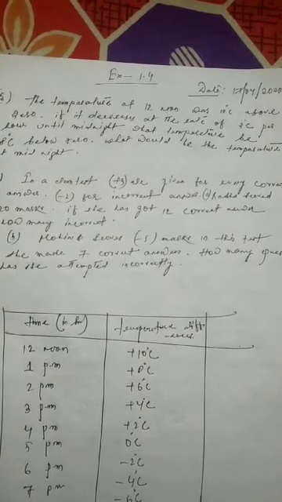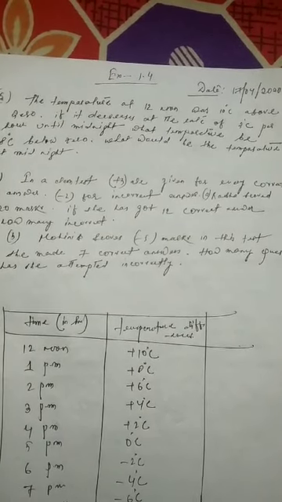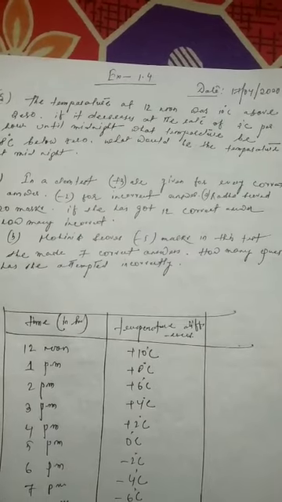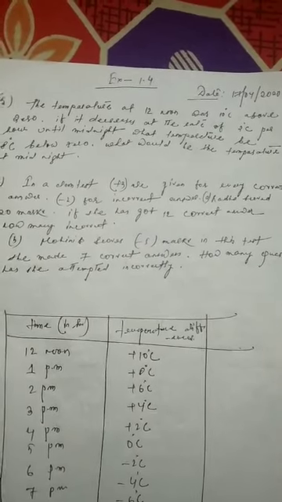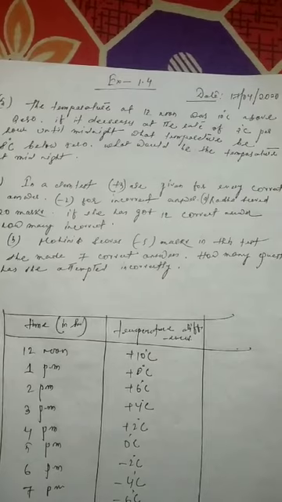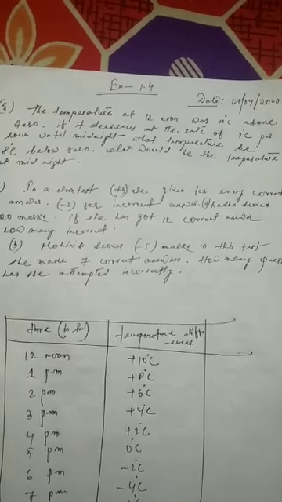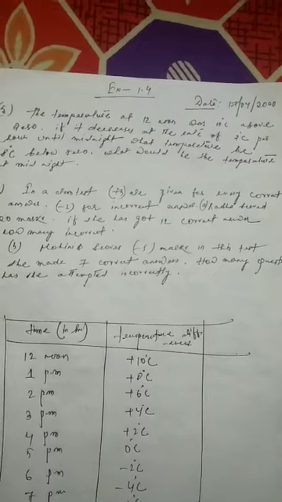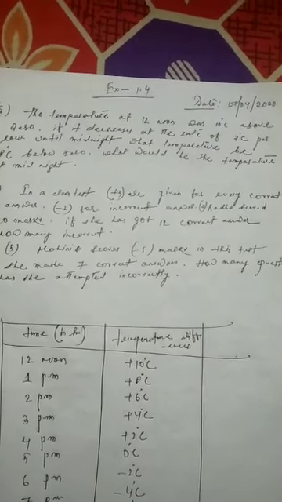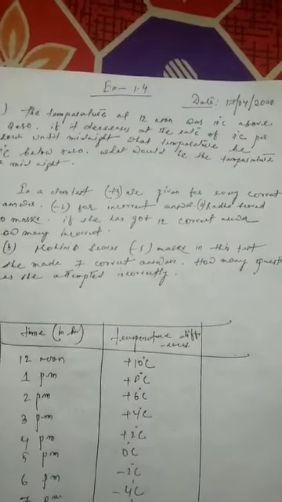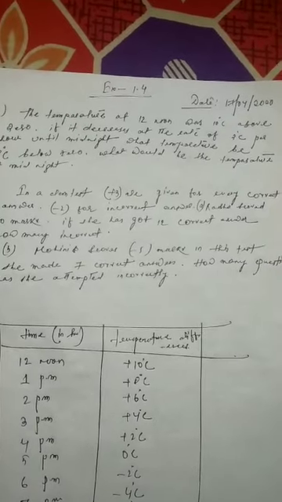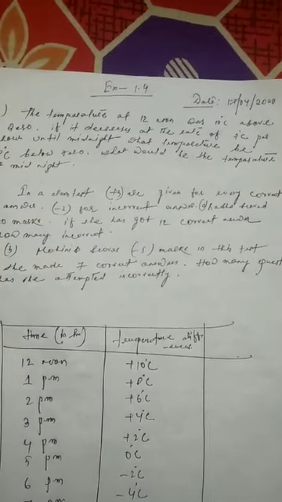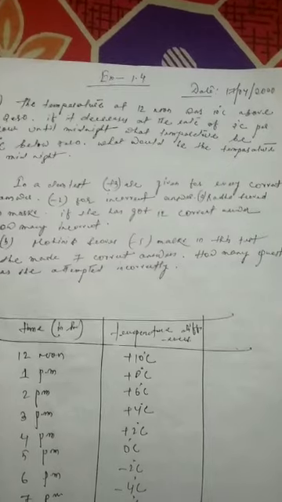Plus 3 marks will be given for every correct answer. Suppose you are writing an examination. In that exam, for every correct answer you will be given plus 3. For every incorrect answer, 2 marks will be deducted from your total score.